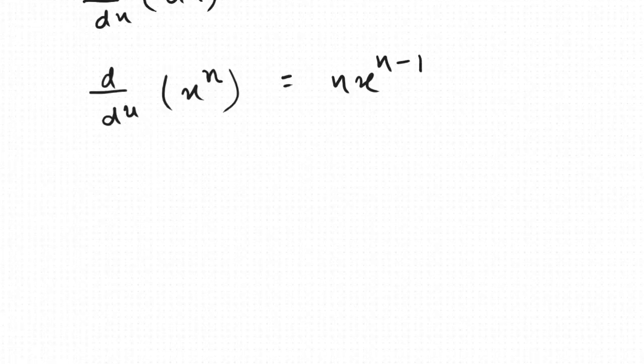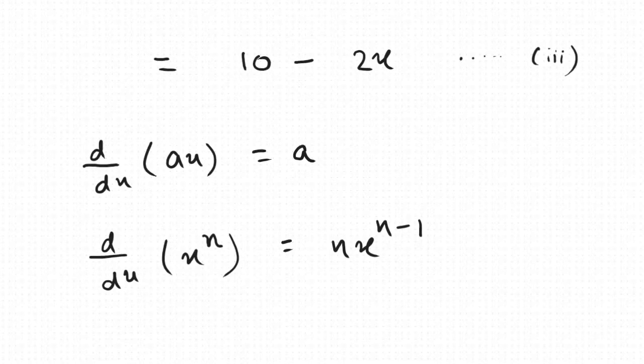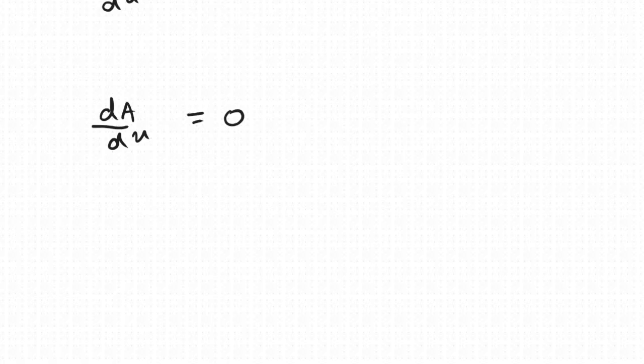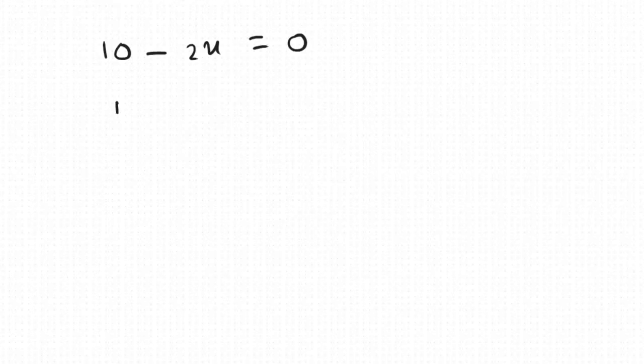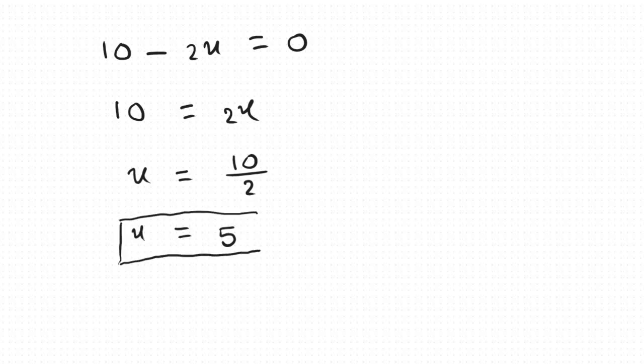So we can write d/dx of A equals 0, or we can put the value of d/dx of A, which is 10 minus 2x, or we can write 10 minus 2x equals 0, or we can write 10 equals 2x, or we can write x equals 10 by 2, or x equals 5. So we got the value of x equals 5.